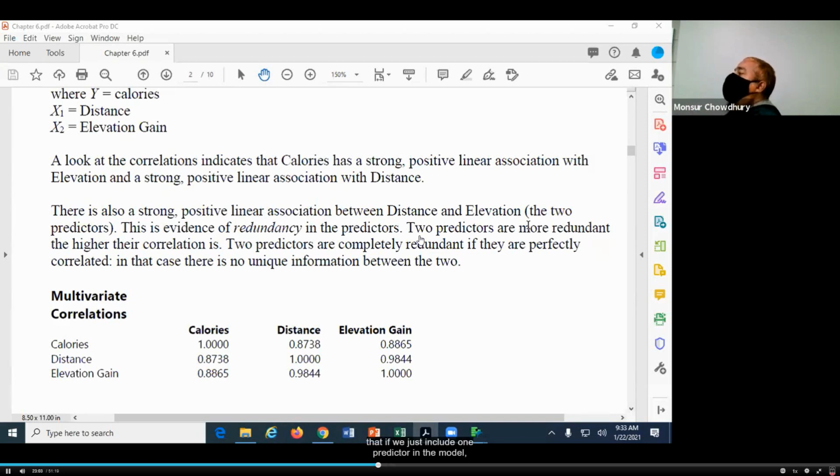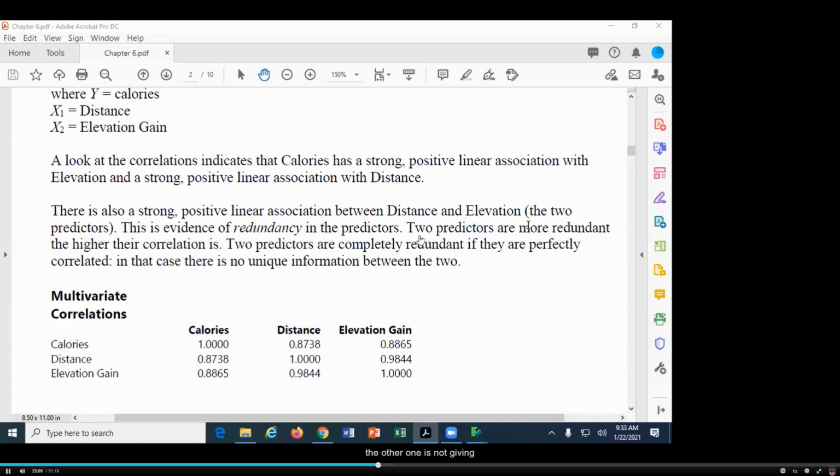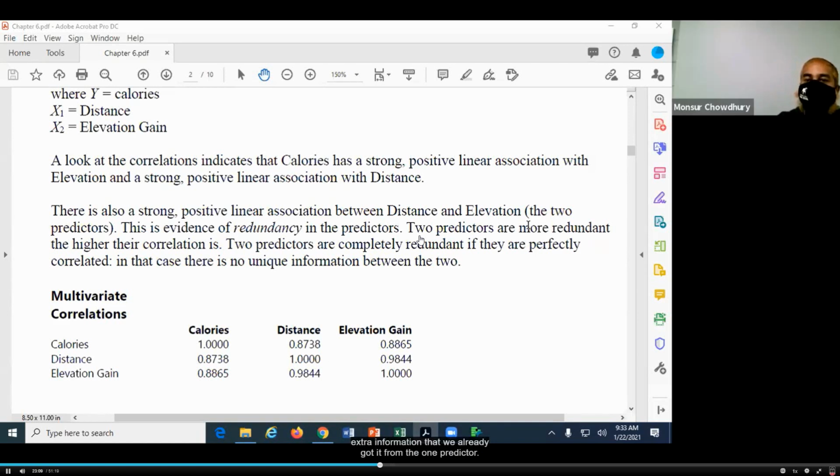If we just include one predictor in the model, the other one is not giving extra information that we didn't already get from the first one. So this is what we mean by the predictors being highly correlated. That means there is a redundancy. If we include one predictor, the other one is not giving much information if the first is already included in the model.